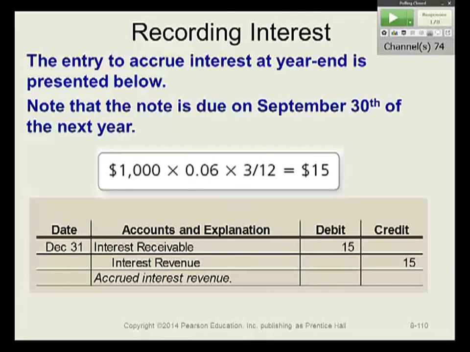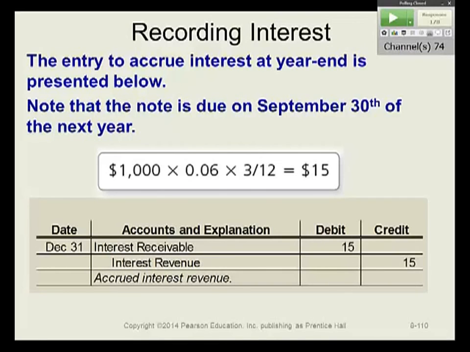Any questions on that adjusting entry? Now, that adjusting entry is going to be made with all of your other adjustments. This is an accrual. Remember, we said accruals would involve, in this case, revenues earned, uncollected, and unrecorded at the end of the accounting period. So that is opposite of what we've done with depreciation. That's a deferral. The prepaids are deferrals. We're going to keep going back to accruals and deferrals.